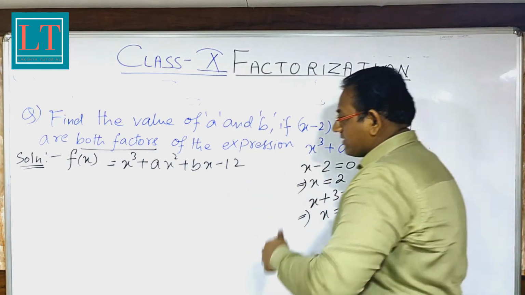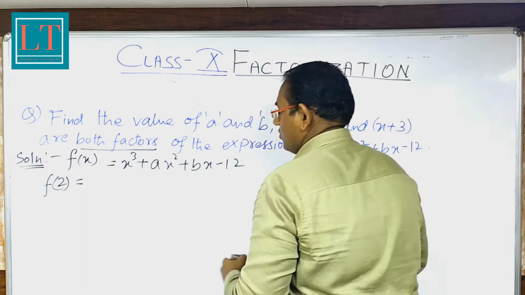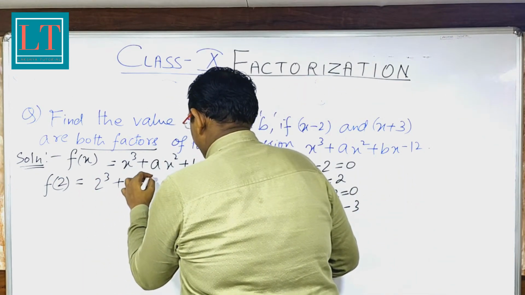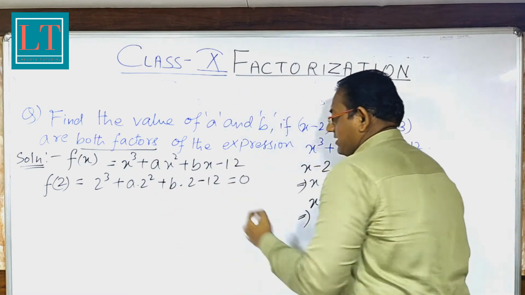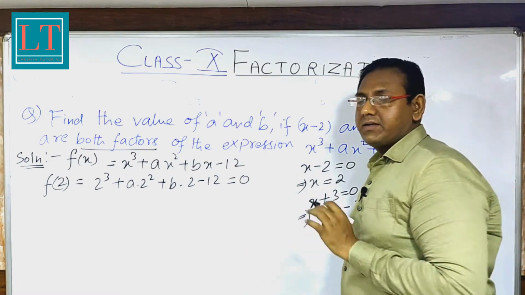So let us do that. Let us substitute the value of x as 2. We get 2 cube plus a into 2 square plus b into 2 minus 12, and we equate this with 0 because the remainder will be 0.